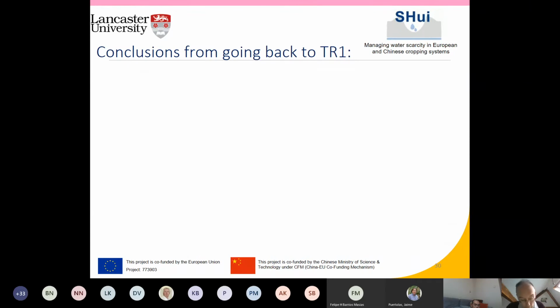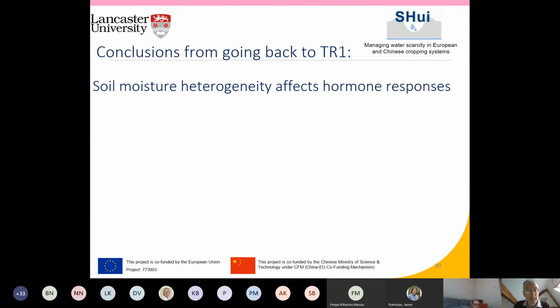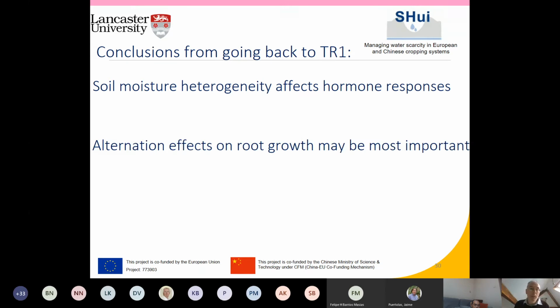So some conclusions from a more scientific look at partial root zone drying again. Certainly having distinct wet and dry parts of the root system affects the hormone responses of the plant. And actually the alternation of the wet and dry parts of the root system affected hormone responses.